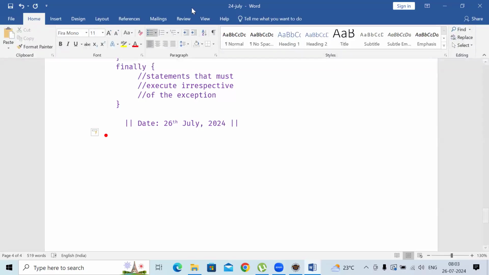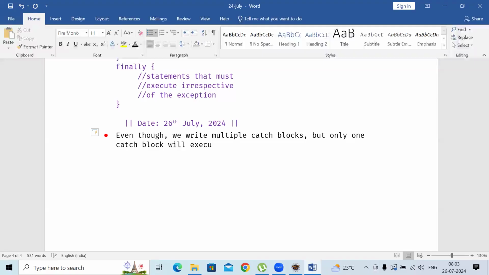Today's point is: even though we write multiple catch blocks, how many catch blocks will execute at a time? Only one catch block will execute at a time.